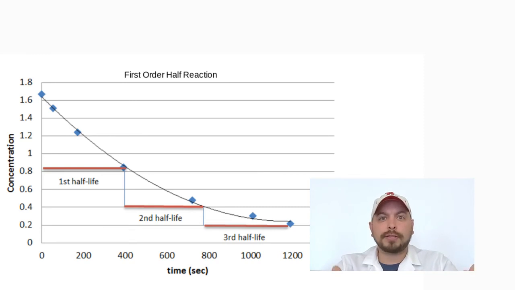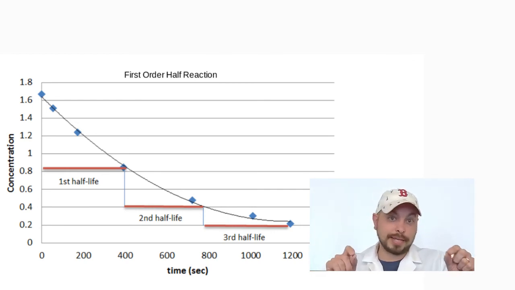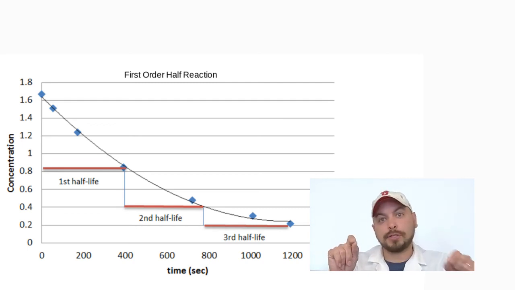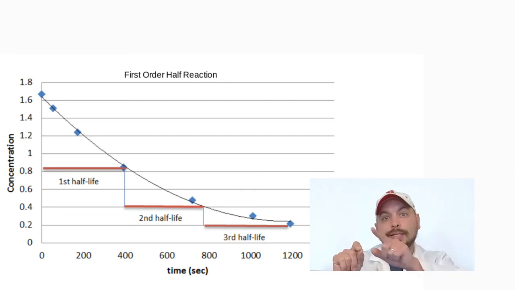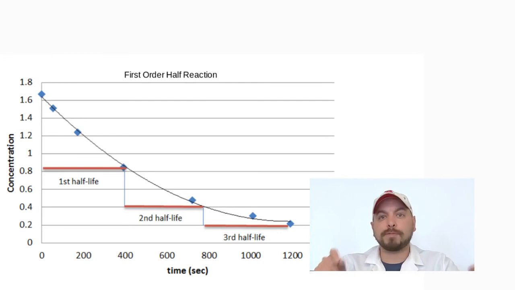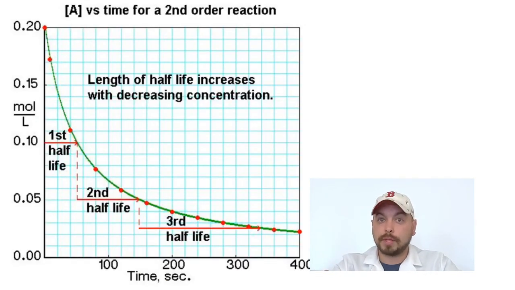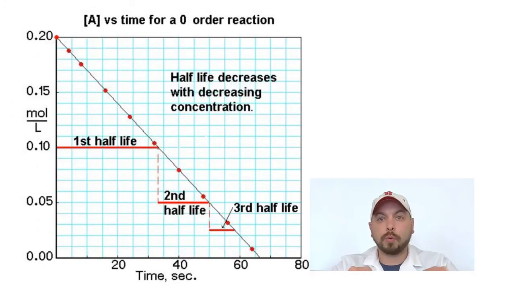So if I look at this graph, for example, and the concentration between times 0 and 10 gets cut in half, and then it's the exact same amount of time between 10 and 20 where it gets cut in half again, so it's now 1/4 of where it was, that tells me it's first order with respect to that reactant. If the half-life gets longer, it's second order with respect to that reactant. If the half-life gets shorter, it's zero order with respect to that reactant.